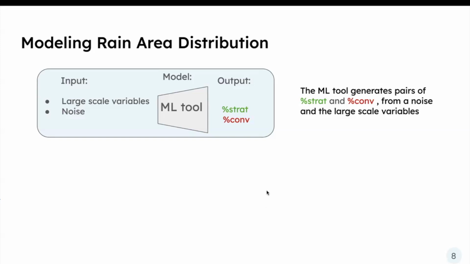So the way that I'm training this is to pass the pair of stratiform and convective rain, conditioned on the larger scale, and then in this component that I'm showing, I'm only showing the decoder component. So the noise is then, again, conditioned on the larger scale. And once I sample one noise, that's going to give me a pair of stratiform and convective rain.